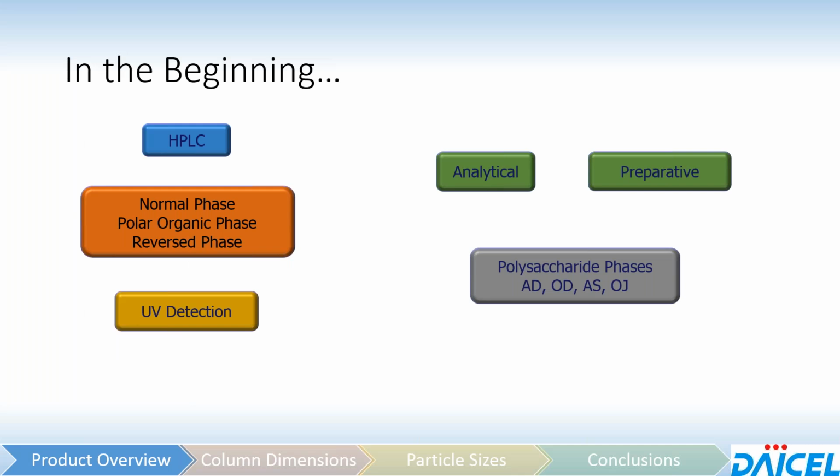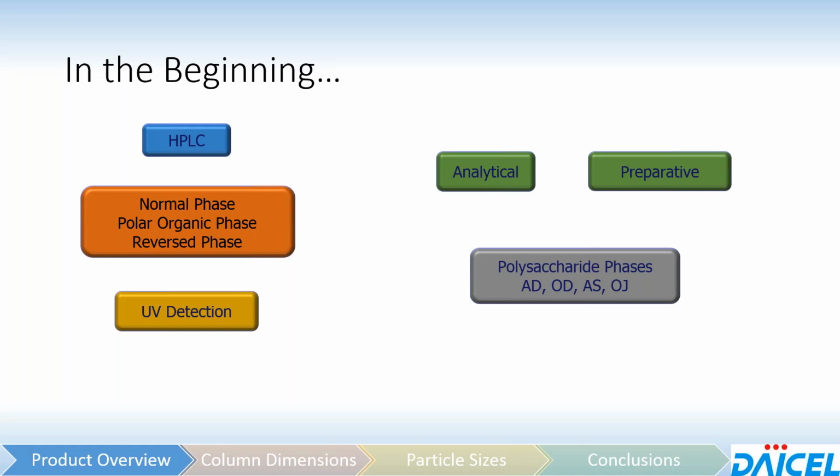So in the beginning of chiral chromatography, the choices were pretty straightforward as far as instrumentation was concerned. You were going to be using an HPLC with a set number of mobile phases, normal phase, polar organic mode, and reversed phase primarily. You're going to be using UV detection as your source.